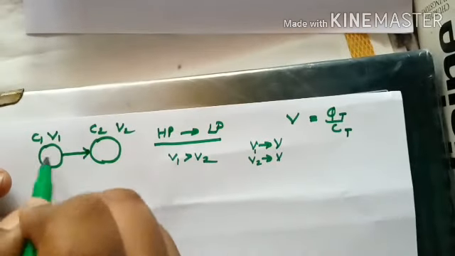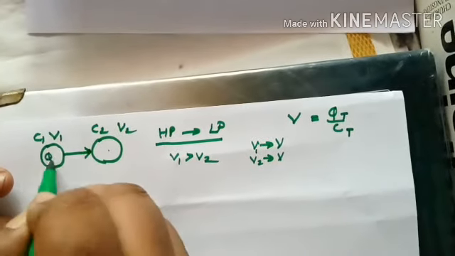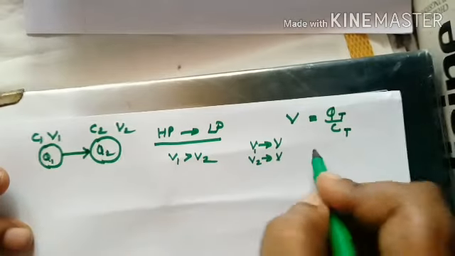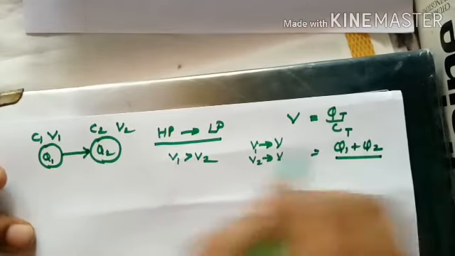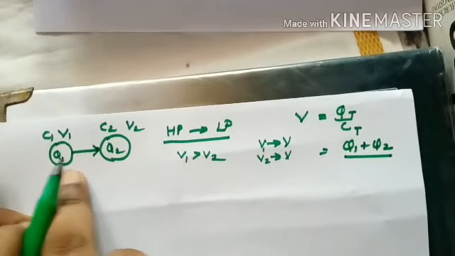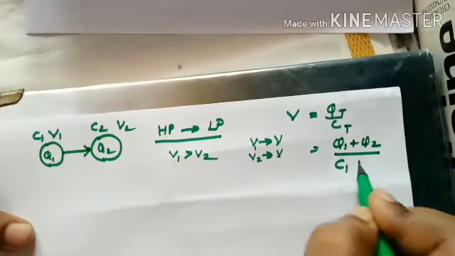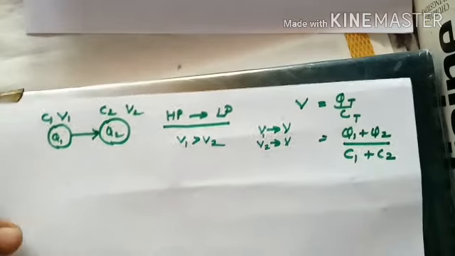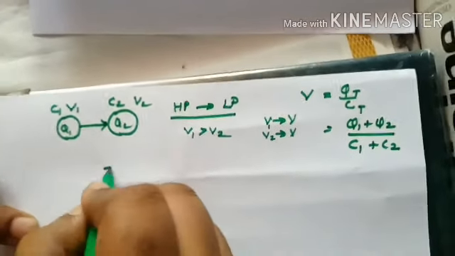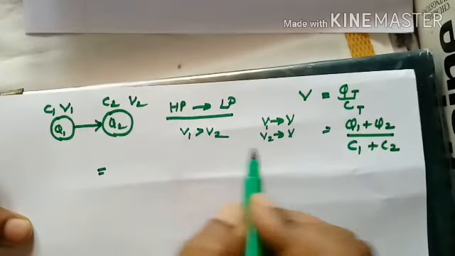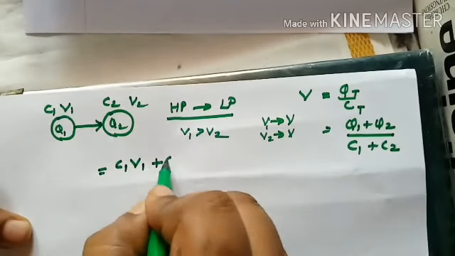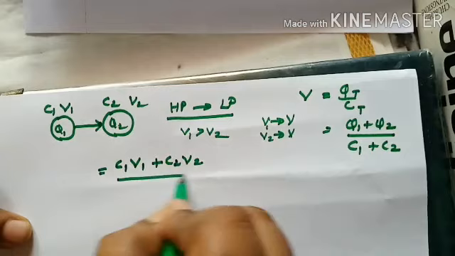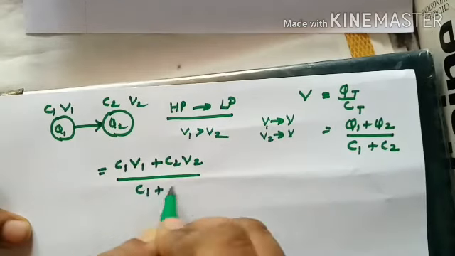It will be the sum of individual charges, Q1 plus Q2. And the total capacitance will be C1 plus C2. So individually, Q1 is C1 into V1 and Q2 is C2 into V2, divided by C1 plus C2.